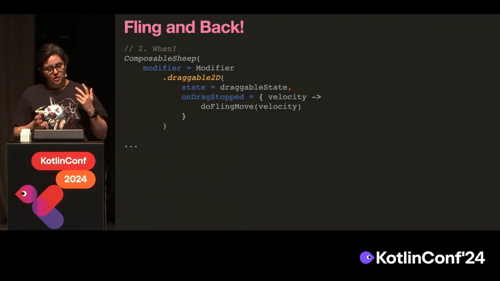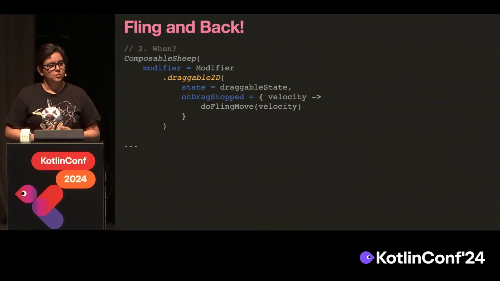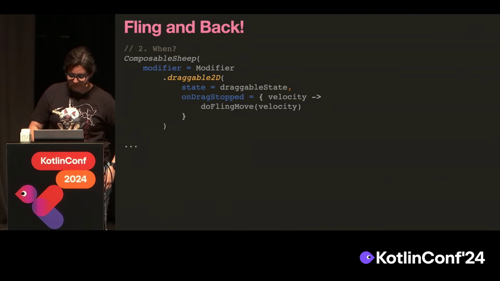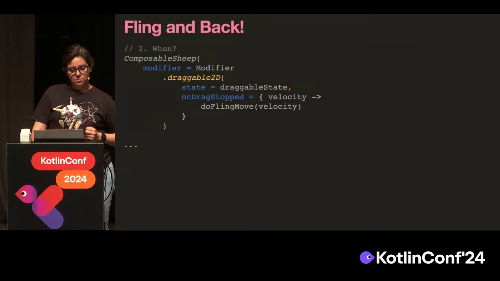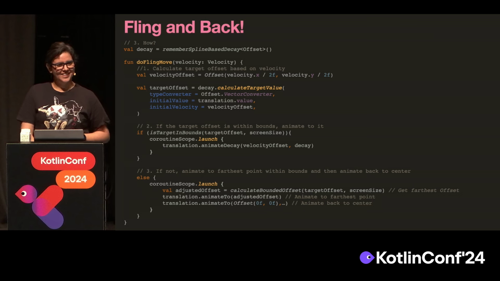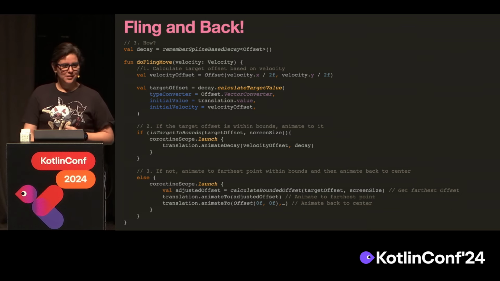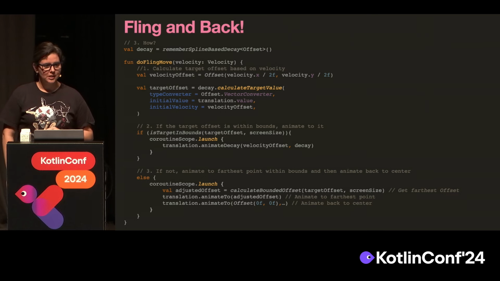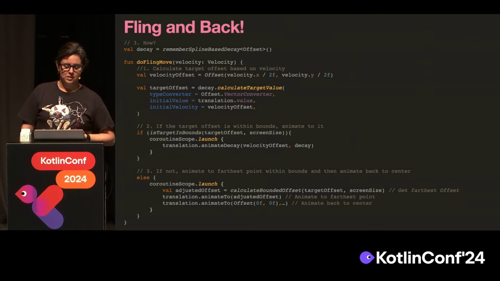Cool. Once we get this, we're going to be calculating our fling move, which is basically where our chip is going to dance. So how does this fling move look like? It looks like this. I know, a lot of words, and here's when maths come into play. But don't worry, let's break it down. It's actually quite easy.